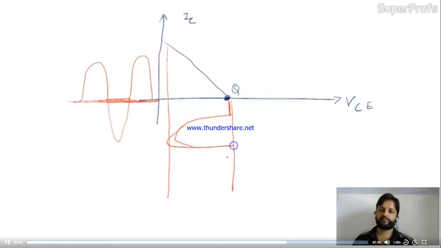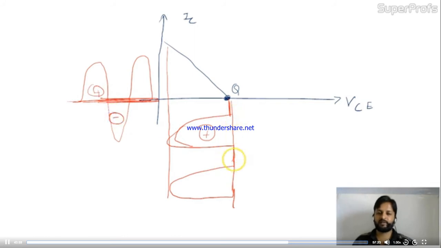It will touch to this. So see, the half portion of the waveform is distorted. This is plus half, minus half is missing in the output. So this is V min and this point is VCC.